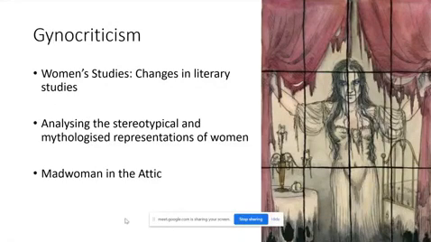You must be familiar with this novel of Charlotte Bronte, Jane Eyre. Now, in this novel, Jane Eyre is a governess, and she is from a modest background, and she works in a rich man's house who has a daughter who she's looking after.